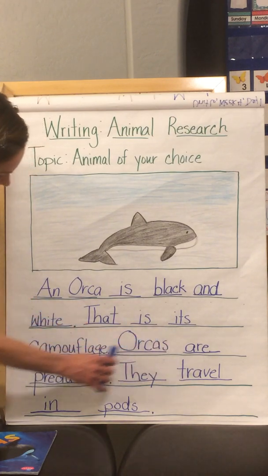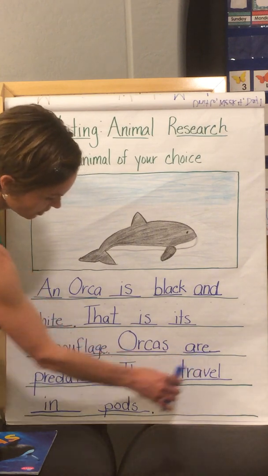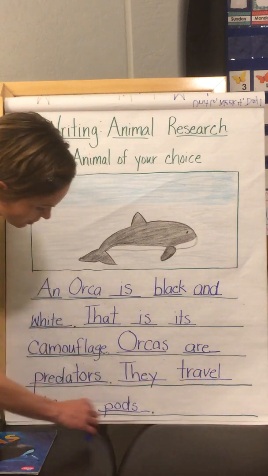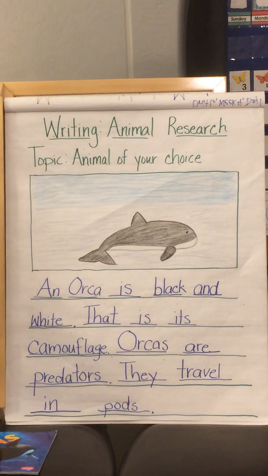That is its camouflage. Orcas are predators. They travel in pods. So I started with only 2, and now I have 4 sentences. And it is okay when we write our research papers to go and edit and add things and maybe take some things out as we go along.